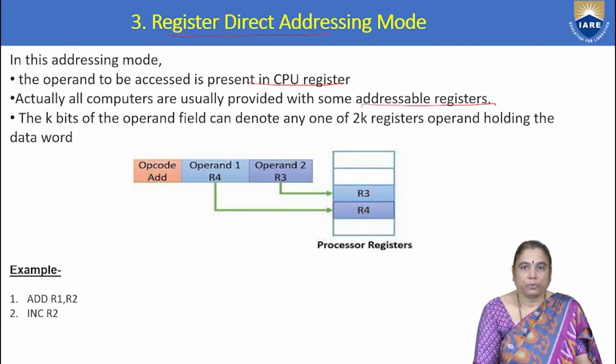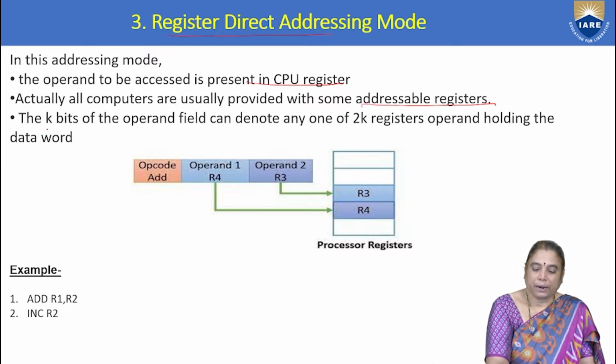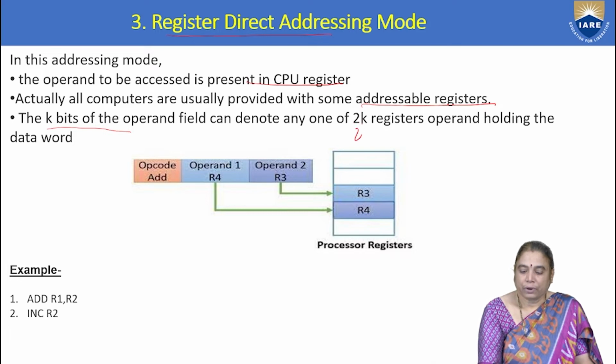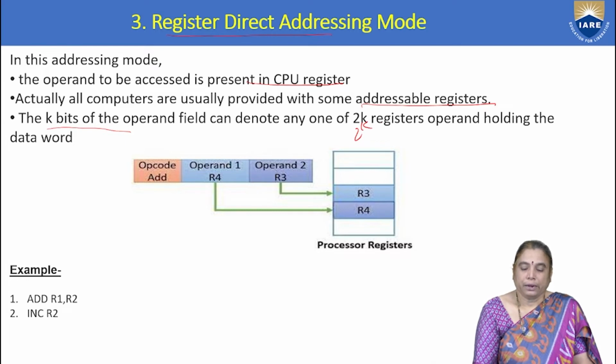Depending upon the processor, the number of registers can vary. The general purpose registers are generally denoted R0 to Rn-1. If k bits of the operand field can be denoted, any one of 2 power k registers can be the operand holding the data word.